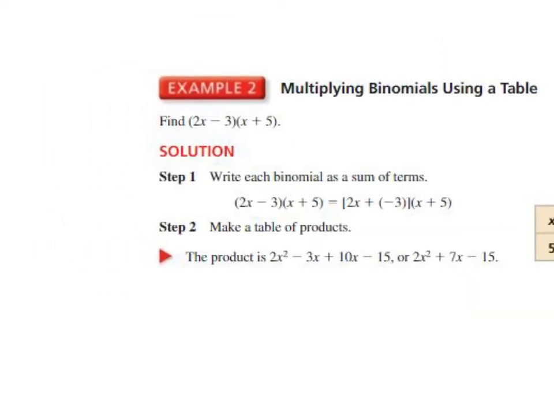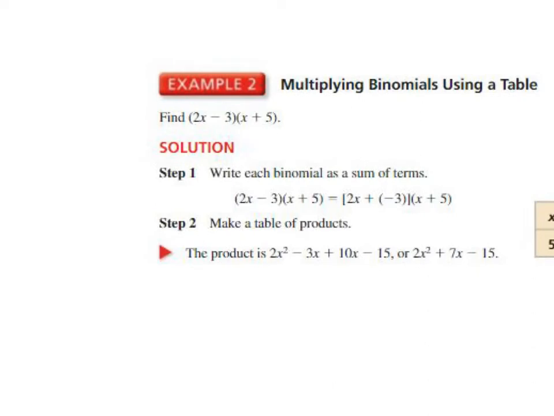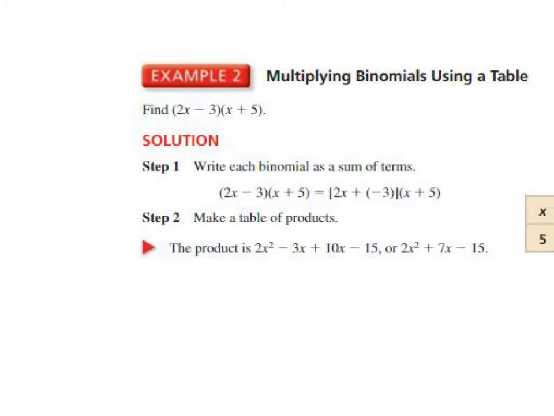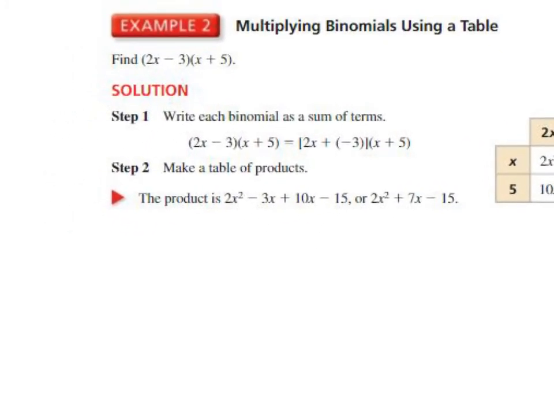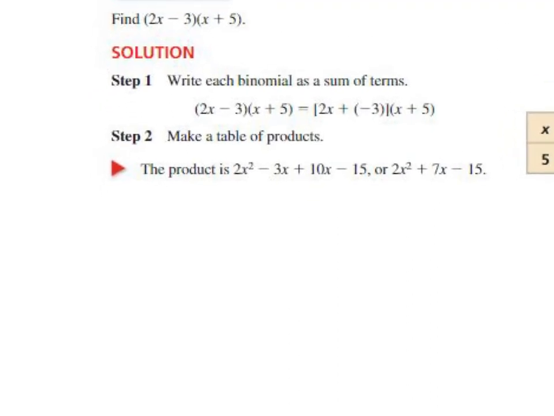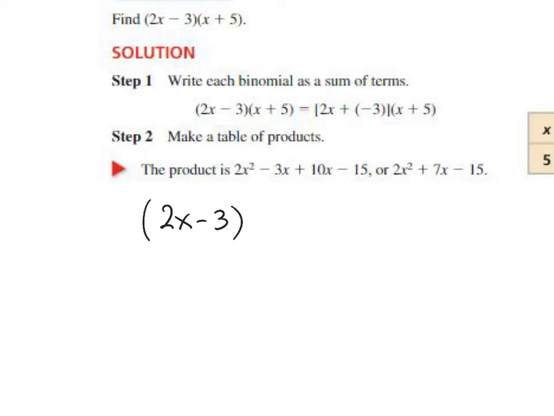There's a couple of different ways to do this. This has been done out for us, but I'm going to show you the concept. So here is our 2x minus 3 and x plus 5. We're going to use that big space. So 2x minus 3 and x plus 5.